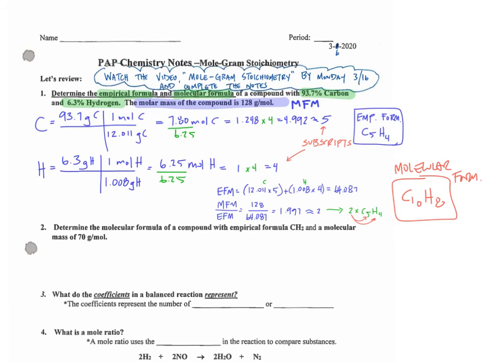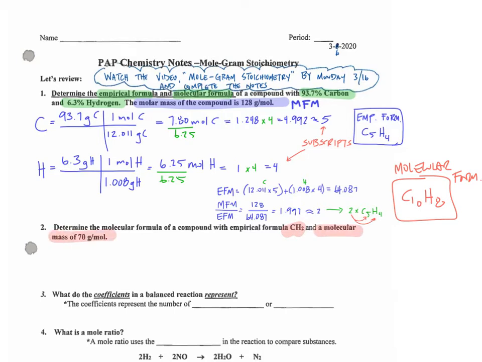All right, number 2. Determine the molecular formula of a compound with the empirical formula CH2 and a molecular mass of 70. So now we are given a compound of CH2, and then it gives us the molecular mass of 70 grams per mole.